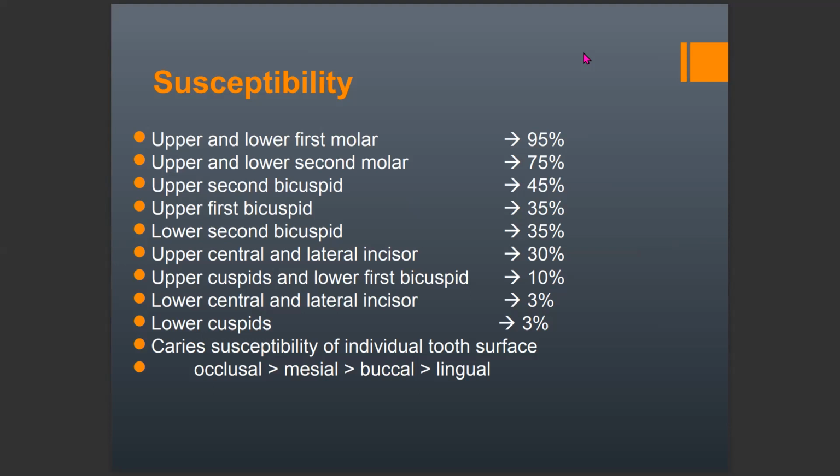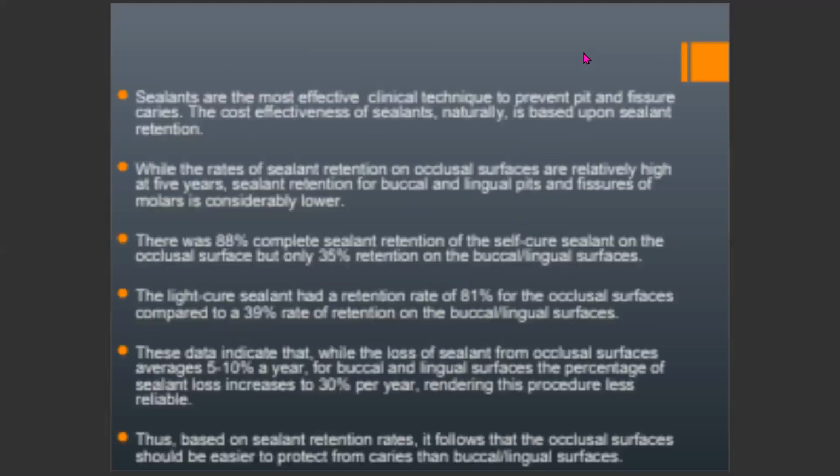Upper cuspids and lower first cuspids have 10% of the chances to get affected by dental caries. Lower central and lateral incisors have 3%, and lower cuspids have 3%. Caries susceptibility of individual tooth surfaces progresses through occlusal, then to mesial, to buccal, and to lingual later.